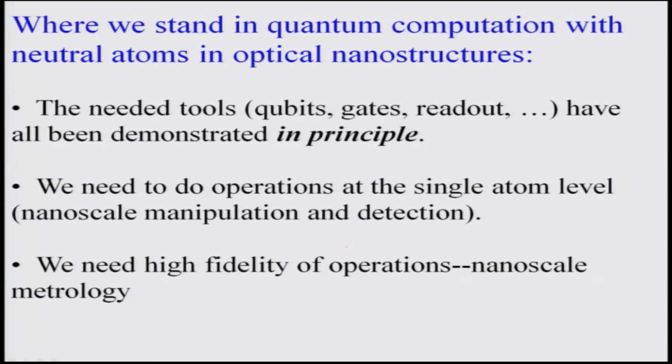One of the most developed techniques, although not commercial yet, but hopefully soon going to be, is the ion trap, as we discussed, which also has the highest number of qubits currently in real terms of this circuit picture we discuss. In other ways of looking at it, there are commercial approaches like D-Wave, which has its own different approach that is not the same as this. But in the particular case of the ion traps, for instance, high fidelity of the operations can help a lot, and nanoscale metrology is a development that can also go ahead in this direction.